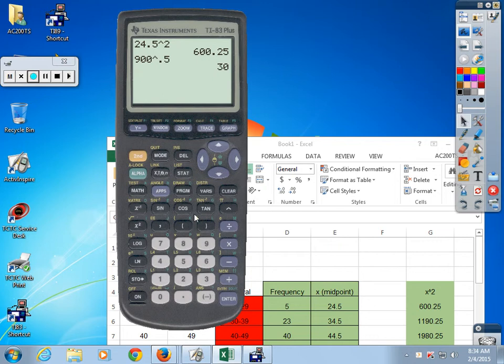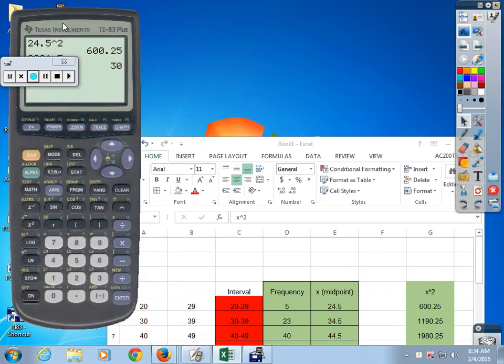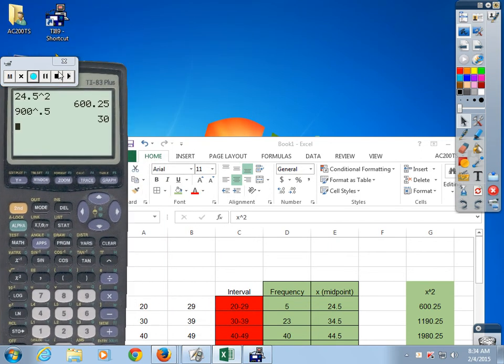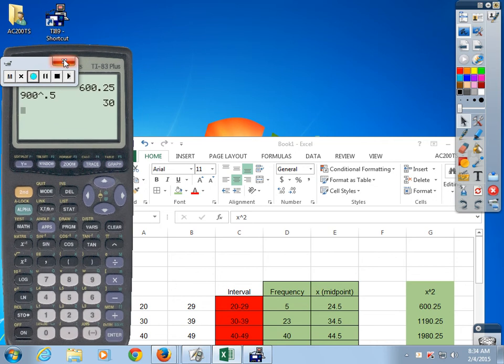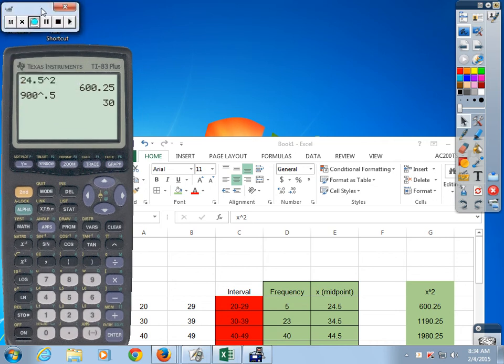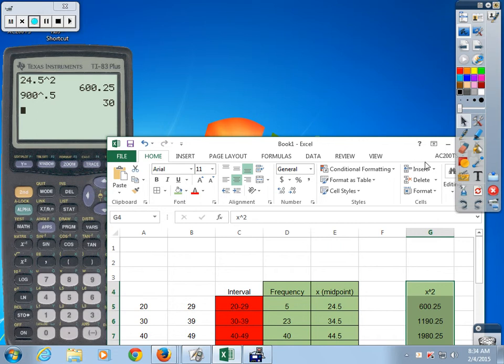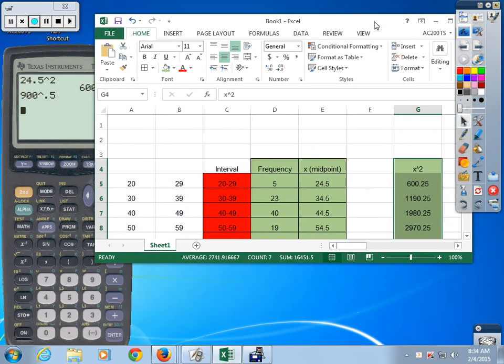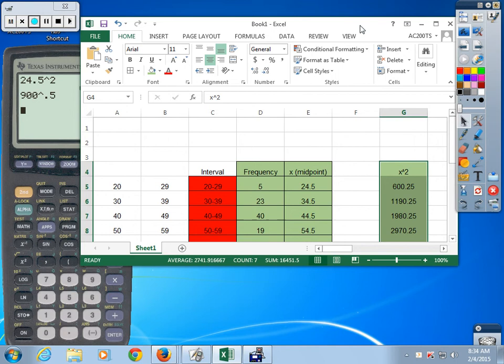And if you got any questions, you can do this through the TI-83. The reason I don't show it is because most students don't want to do it. They'd rather do it on the Excel spreadsheet or learn how, because you don't have to punch in all the numbers.